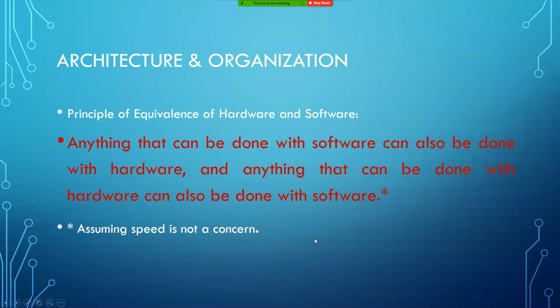And we don't consider that at the bottom end there must be some hardware to implement the instructions given by either the software or the hardware. We should consider these two things. Only then will the principle of equivalence of hardware and software be true. Okay, I hope you understand.